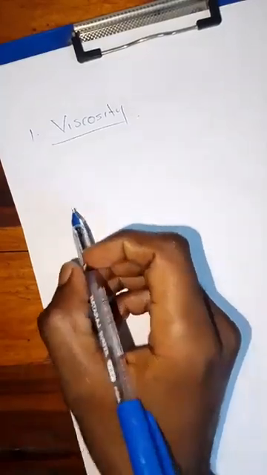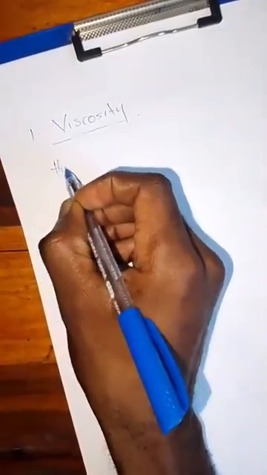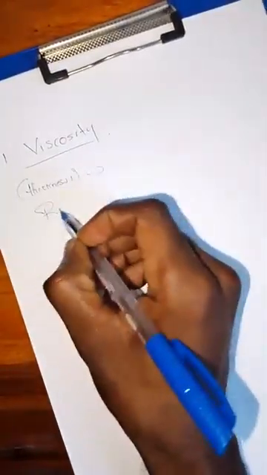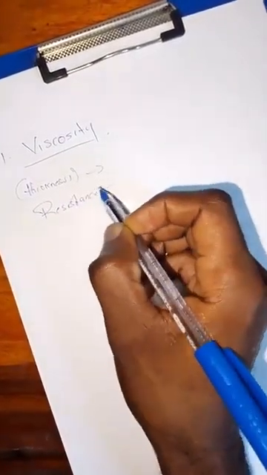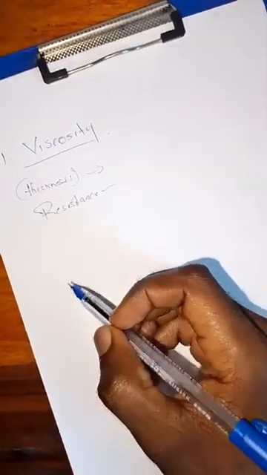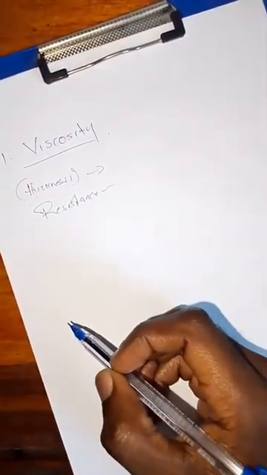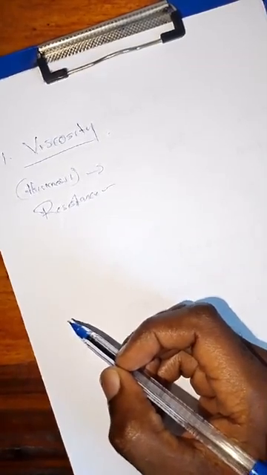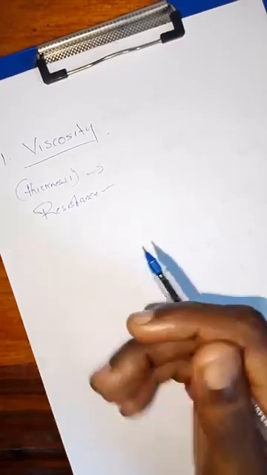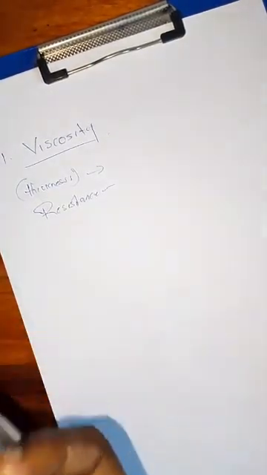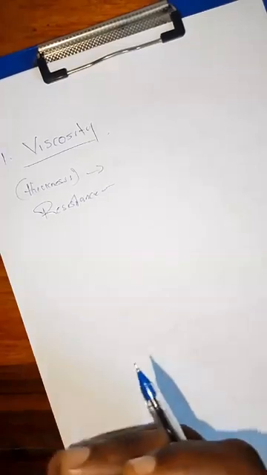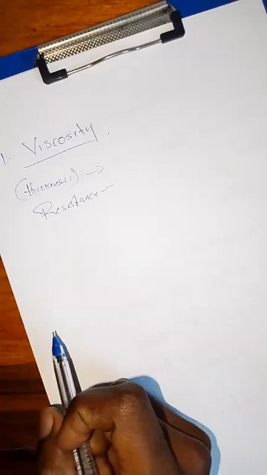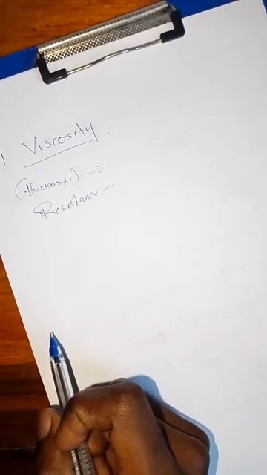So when you say viscosity, we are just talking about the thickness of a fluid, or the resistance of that fluid in terms of its flowing. For example, if you take a spoon of water and put it in a cup, and again you take 2 spoons of sugar and put them in that water, the solution you make is going to be very, very thick.